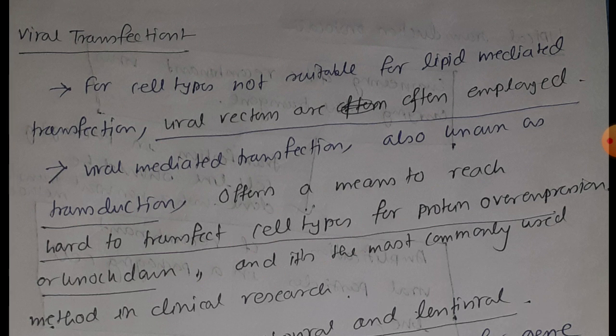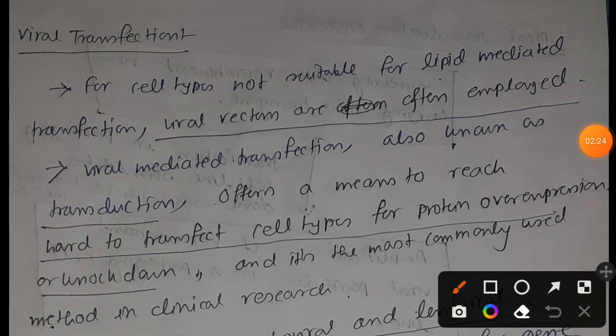Viral transfection, or viral mediated gene delivery system, is employed to transfer, or to transform, I should say, those cell types that cannot be transfected with the help of other gene delivery systems that we have.